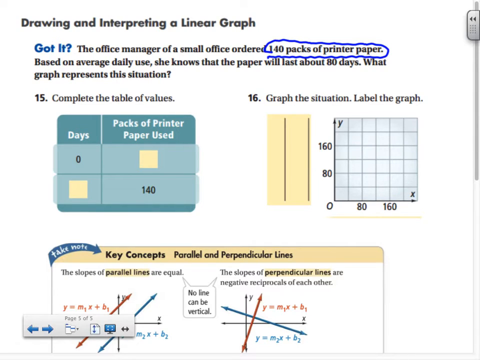Based on the average daily use, she knows that the paper will last about 80 days. So 80 days from now, the printing paper is all gone. What graph represents this situation?